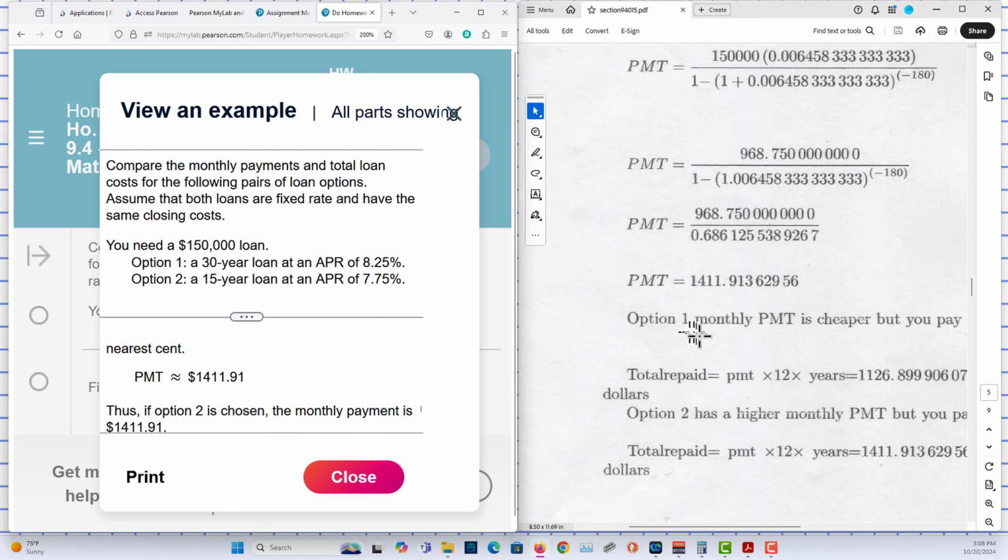So the total repaid for option one is going to be the payment times 12 times the number of years.